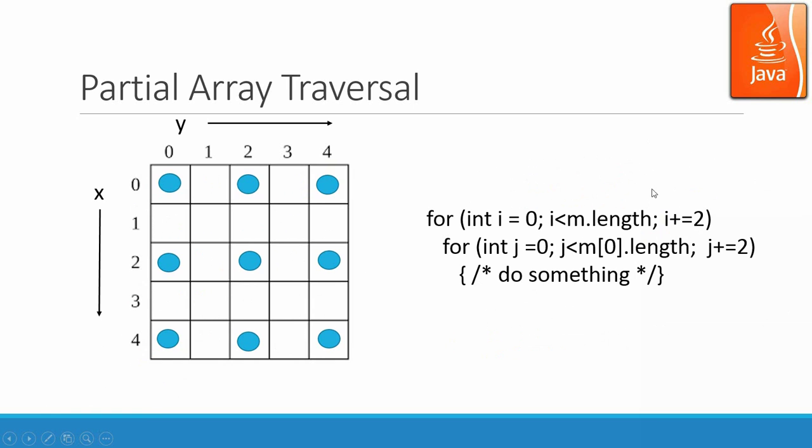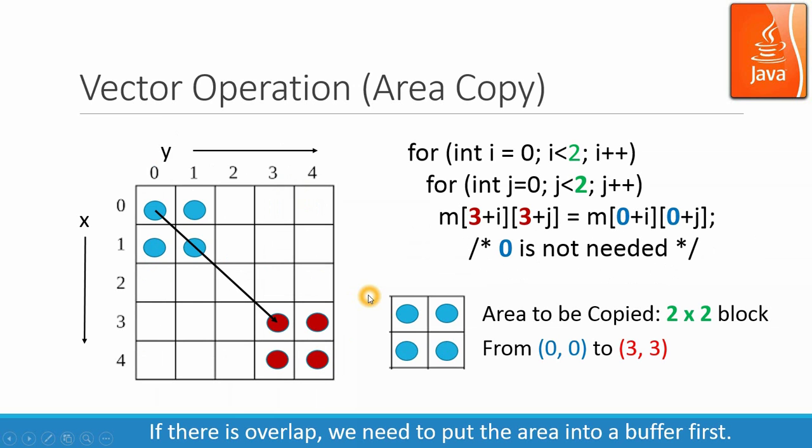And also if we change the step size to 2, we will be hopping like this. We skip every other one. And if we want to do a copy, say we want to copy this 2x2 submatrix to another 2x2 submatrix over here, we start from i equals 0 to less than 2, so 0 and 1, and the row and column will be this 2x2 matrix.